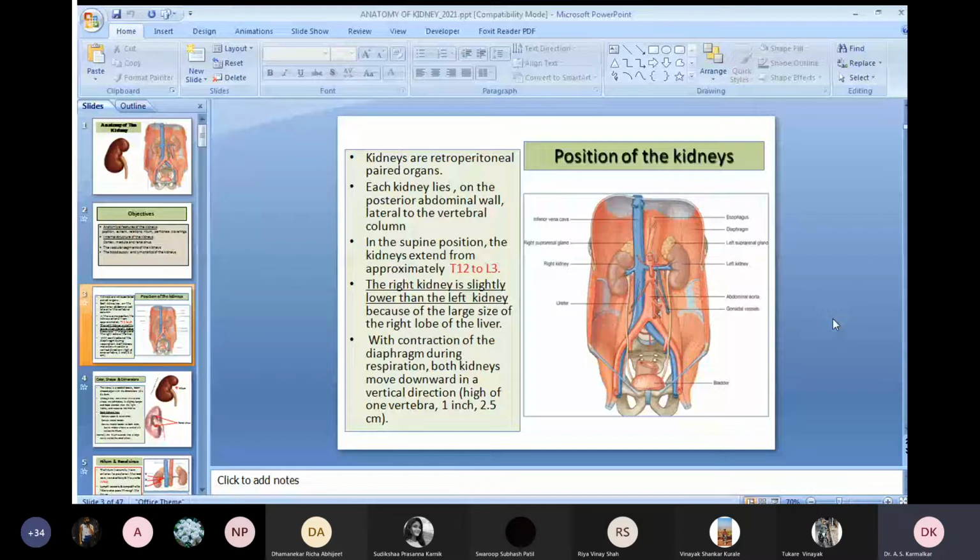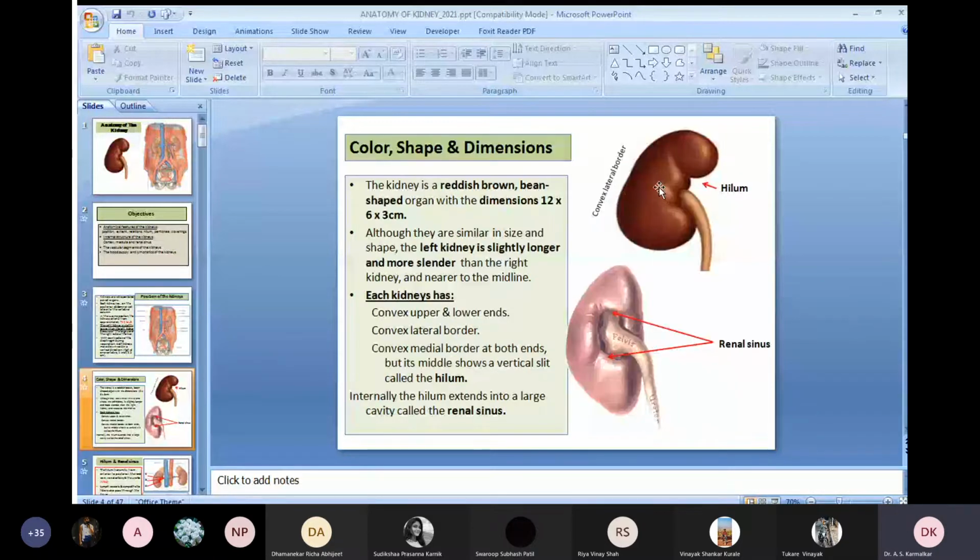Okay, now the shape of the kidney, it is a bean shape. It is having a hilum on the middle aspect and the convex lateral border, and it measures about 12 centimeters in height, that is from the upper end to the lower end. Okay, and it is 6 centimeters in width, and the anterior posterior thickness is about 3 centimeters.